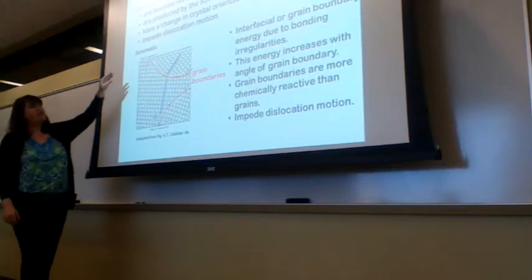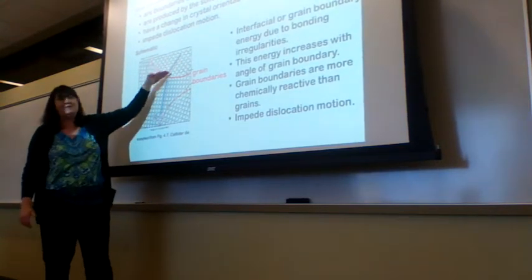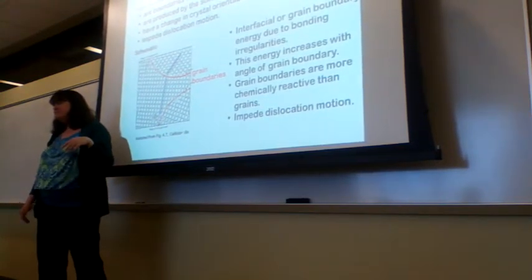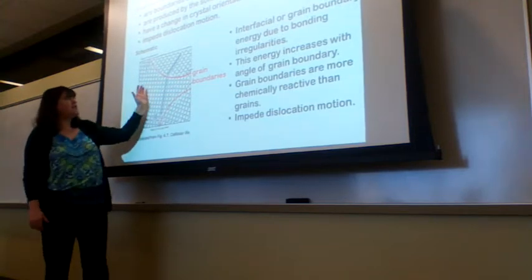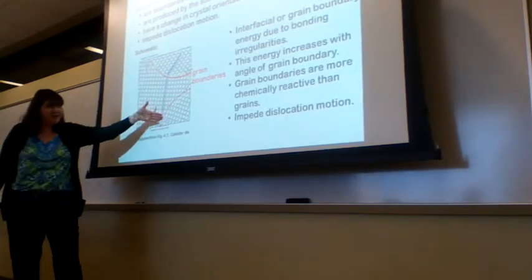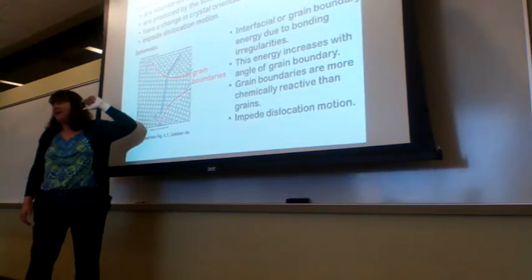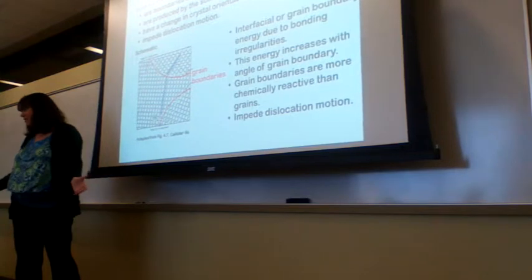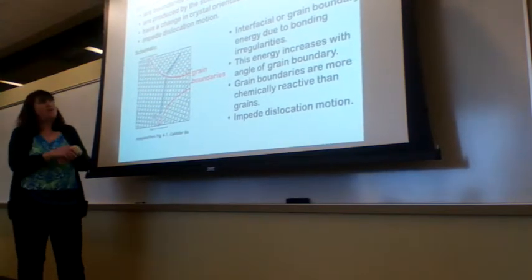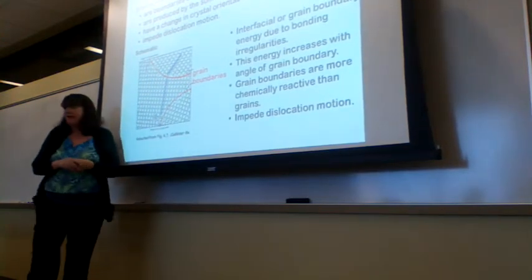And so if you look at this top section, you can see a row of atoms that's in line with that blue line. Okay? And then if you look at this middle section, if you draw a line on the row of atoms, it's right here. So these lines are not in the same direction. So there's a difference there where the crystals grew differently, and so that is the grain boundary.